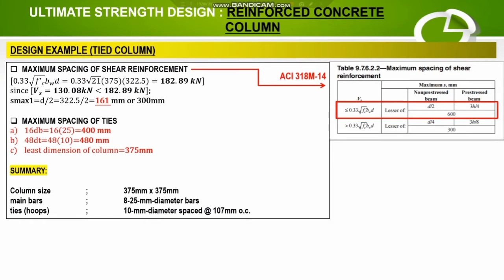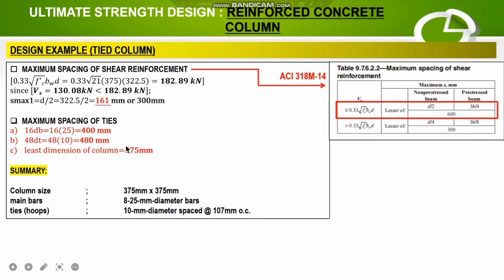Take note that the maximum spacing of ties shall be the least value, or the smallest value of the three: A, 16 db, or 16 times the diameter of the longitudinal bar, which is 16 times 25 equals 400 mm; B, 48 times dt, or the diameter of the lateral tie, which is 10, so 48 times 10 is equal to 480; then C, the least dimension of the column, which is equal to 375. So 375 is the smallest value.